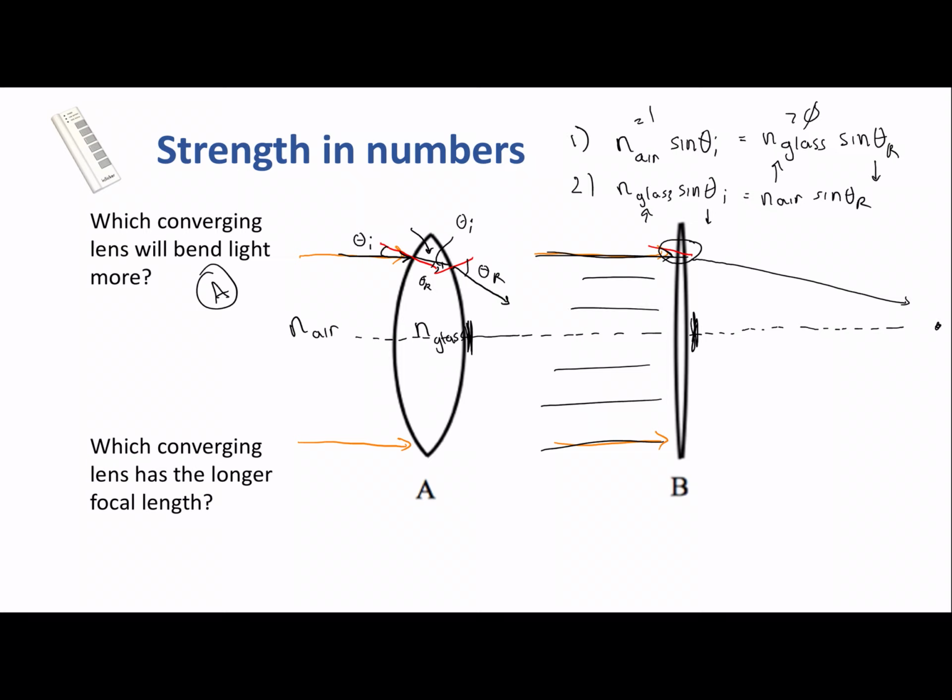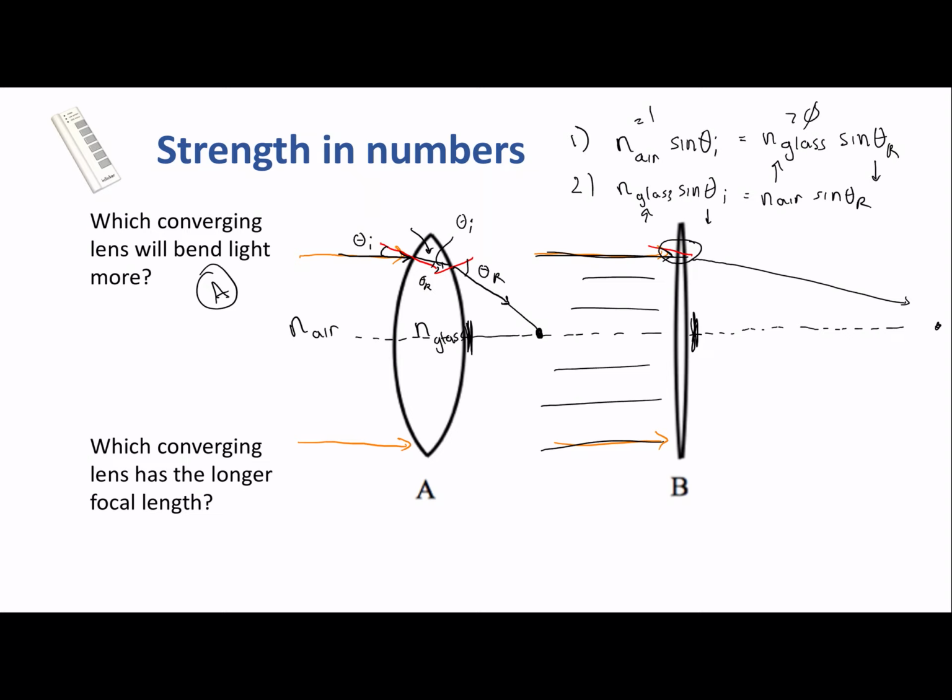You can kind of see from this picture, it's going to happen much more quickly with lens A. Lens A bends the light a lot more. It's a stronger lens. A stronger lens has a smaller focal length. It can bend the light sufficiently strongly that that light will converge much closer to the lens than a weaker lens, which will have a long focal length.